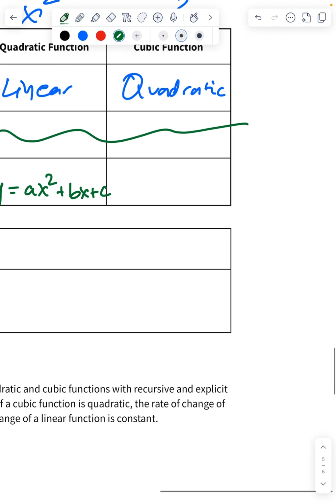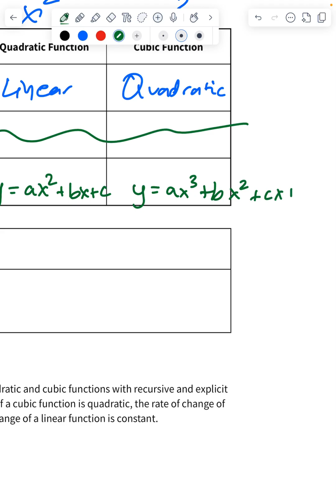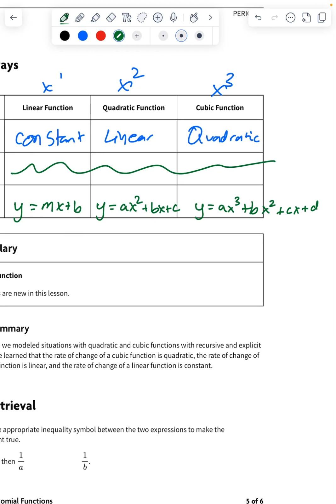But you'll see why, because the cubic function is y equals ax to the third plus bx squared plus cx plus d. And so you can see it just keeps going and going, where it goes in standard form to the third, to the second, to the first, and then a term with no x.